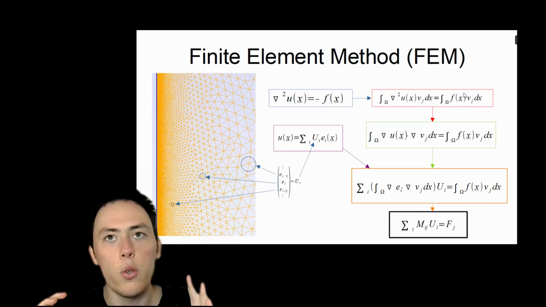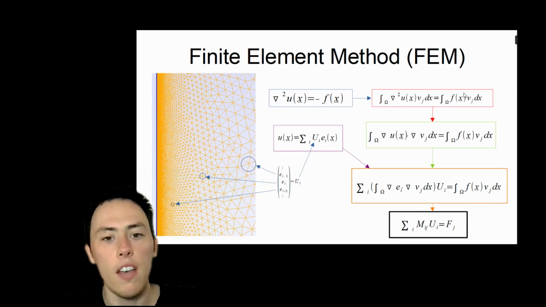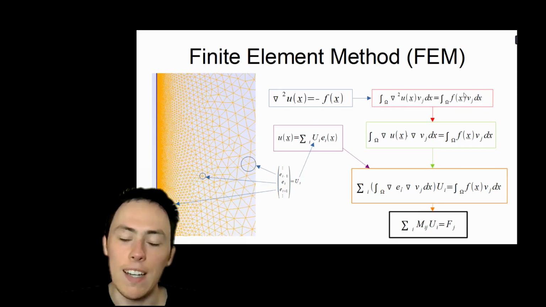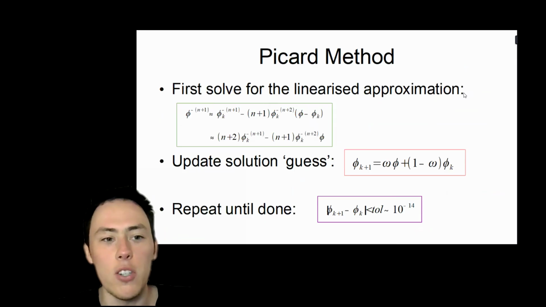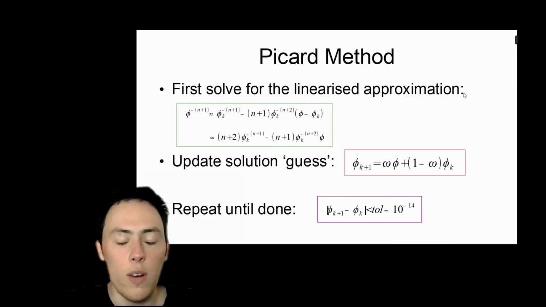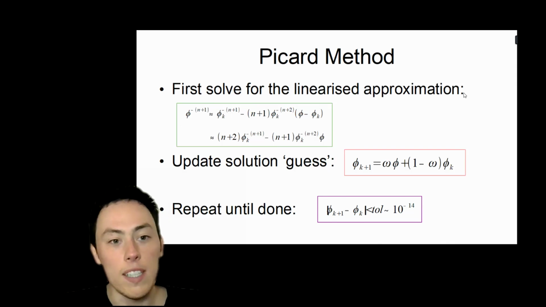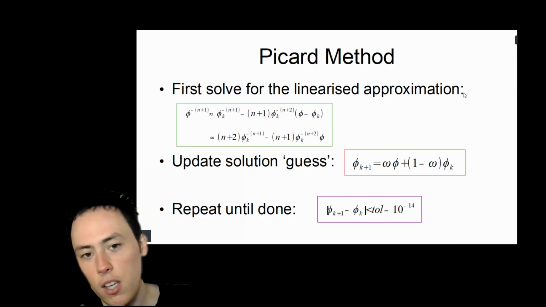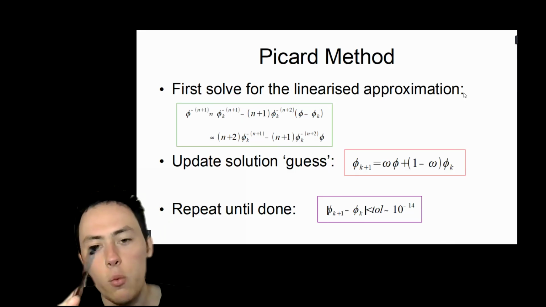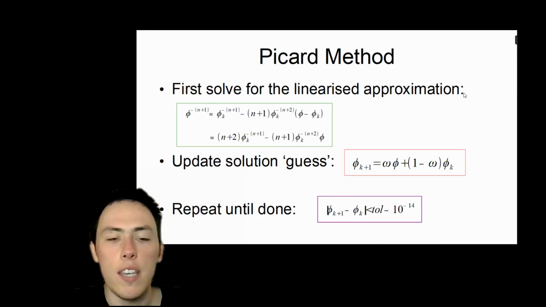With the caveat that we need our function f to be linear, but we can get around that by using a linearization method and then applying an iterative procedure. So rather than solving the nonlinear equations, we can linearize them. Here's an example for the chameleon. We solve for the linearized phi around some guess phi_k, and then we use phi and phi_k to get our next value phi_{k+1}, and that's our next guess.